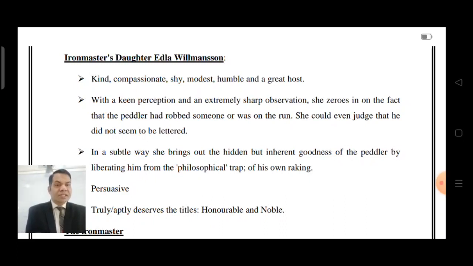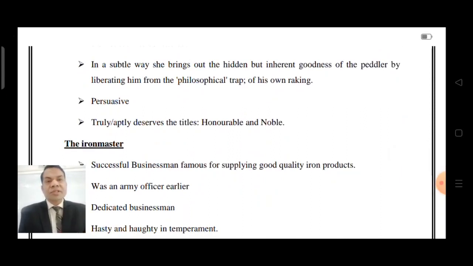She could even judge that he did not seem to be lettered. In a subtle way, she brings out the hidden but inherent goodness of the peddler by liberating him from the philosophical trap of his own thinking. She is persuasive, and truly, aptly deserves the title honorable and noble.